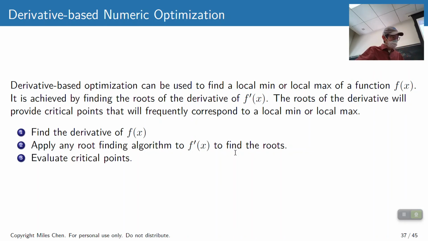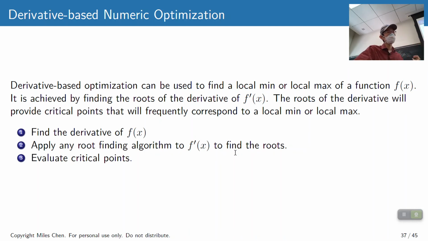This is how derivative-based numeric optimization is going to work. If we want to find the local mins or local maxes of a function f, first find the derivative, f prime. Then figure out where your derivative is equal to 0, and we can apply a root finding method.